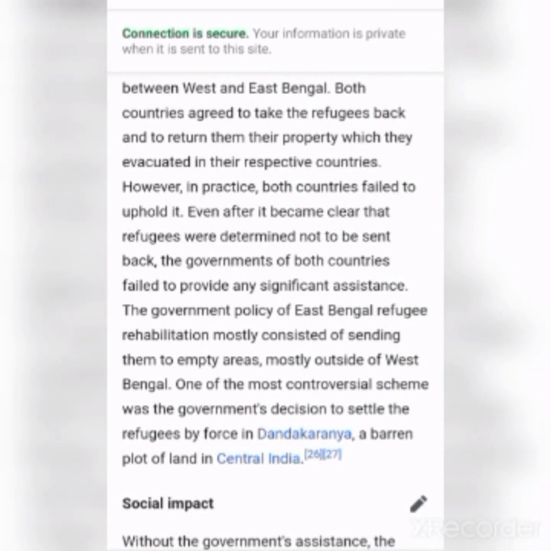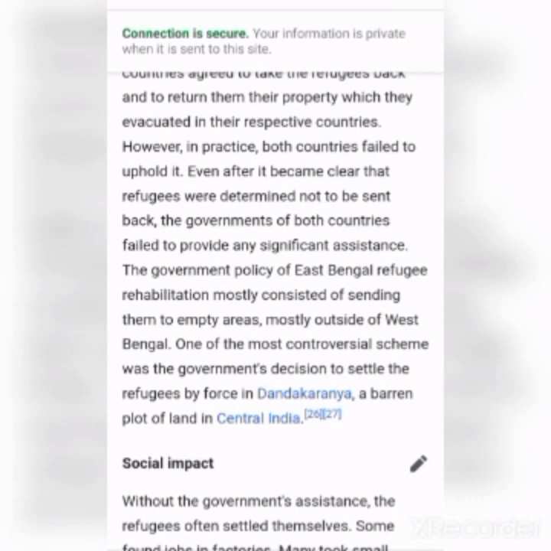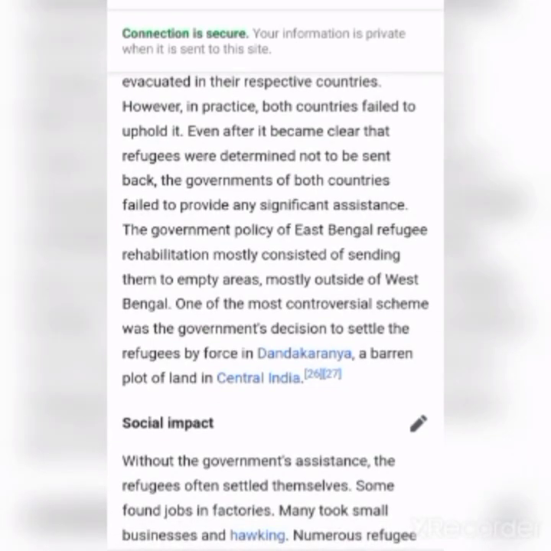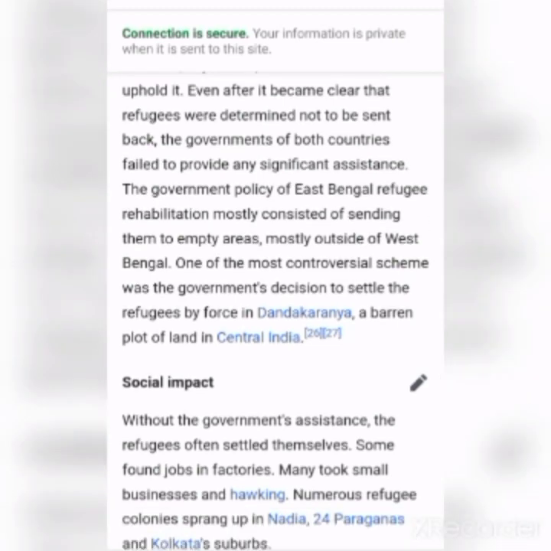The government policy of East Bengal refugees was to settle them in empty areas mostly outside of West Bengal. One of the most controversial schemes was the government's decision to settle the refugees by force in Dandakaranya, a barren plot of land in central India.